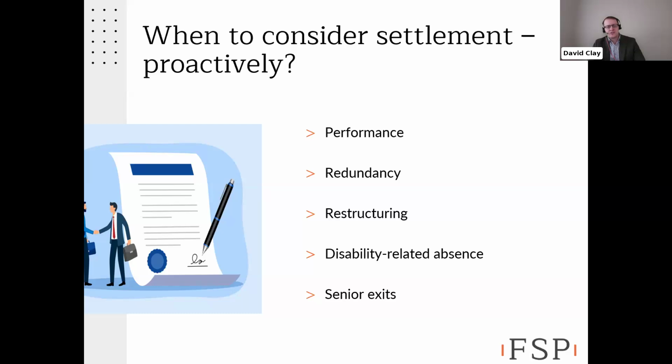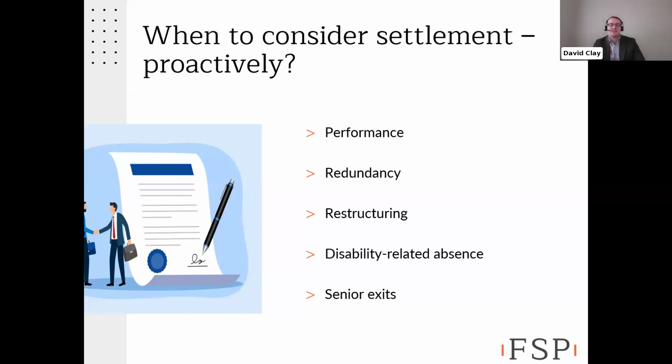So to start off with, where you've got issues with poor performance, I think this is really one of the most time-intensive HR processes that you can go through. There's a lot to do when you're implementing a performance improvement process. You've got to draw up the PIP documentation, think about smart targets that you're going to implement, so specific, measurable, attainable, realistic, time-based.